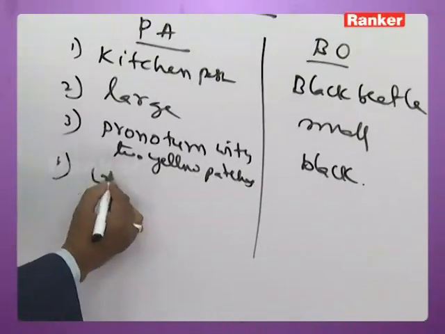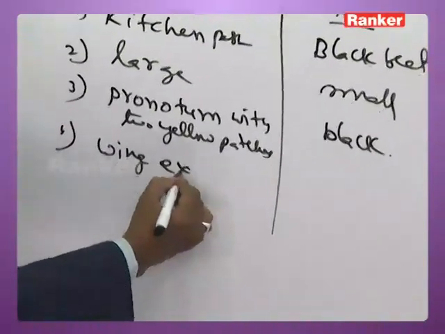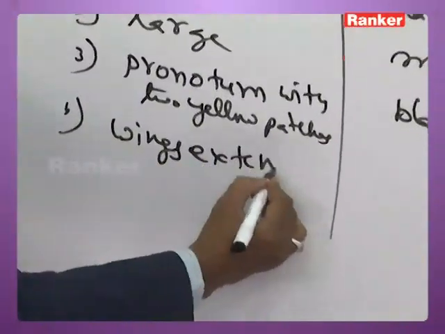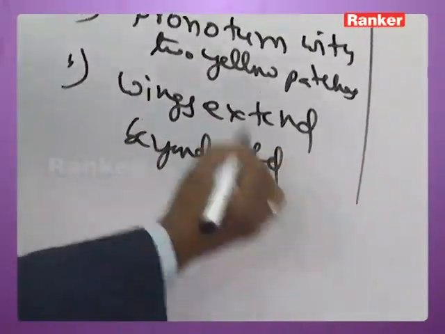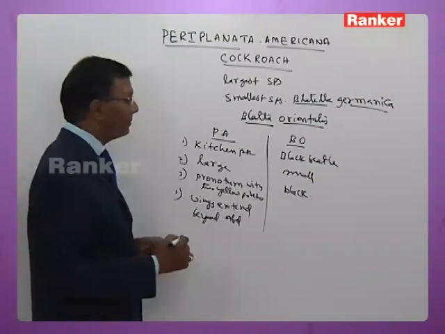In this, wings extend beyond the abdomen in both male and female.